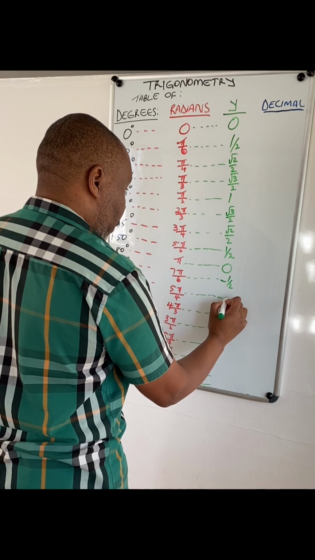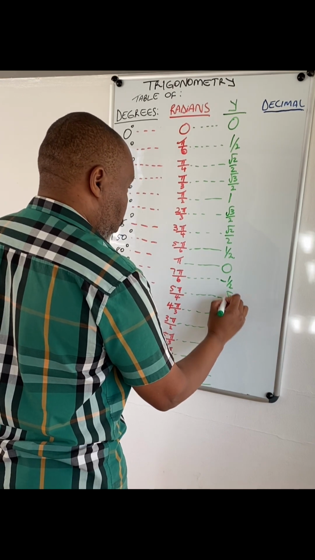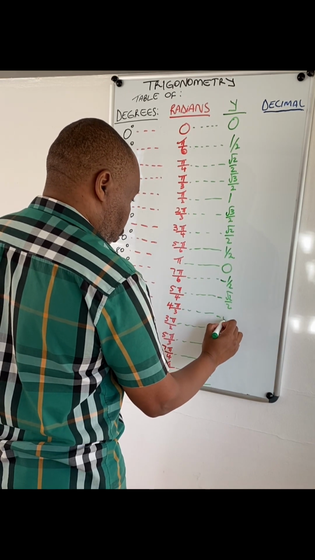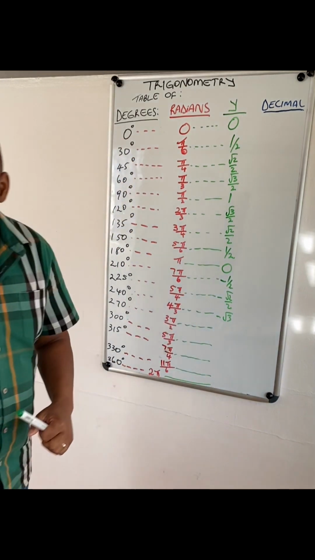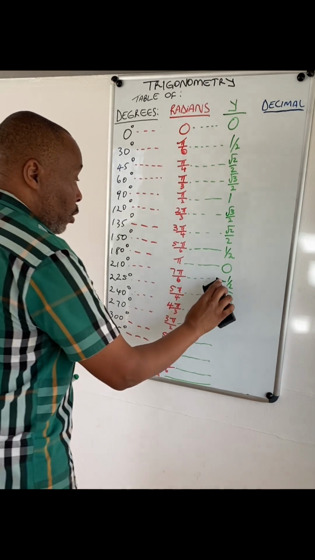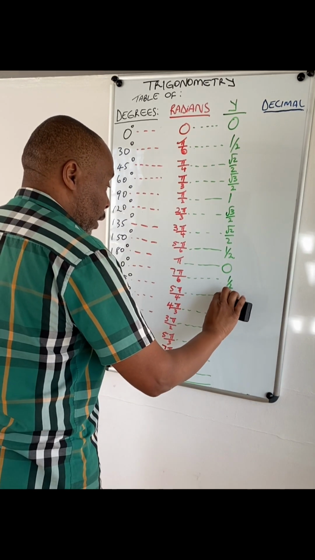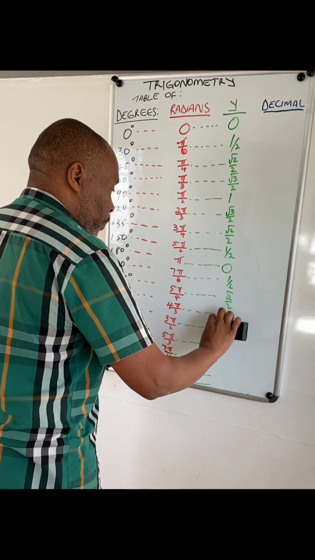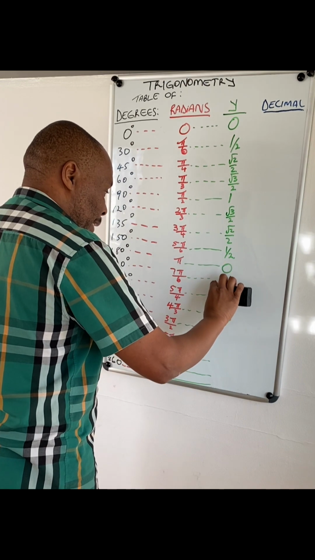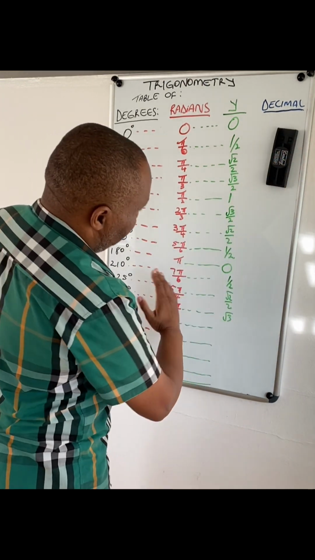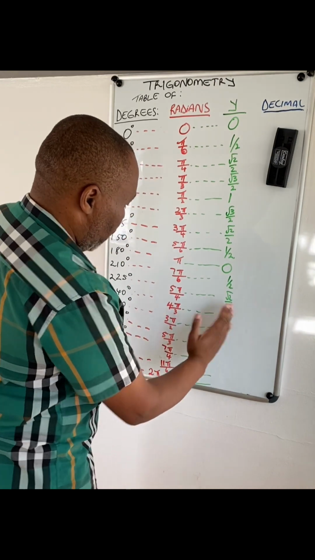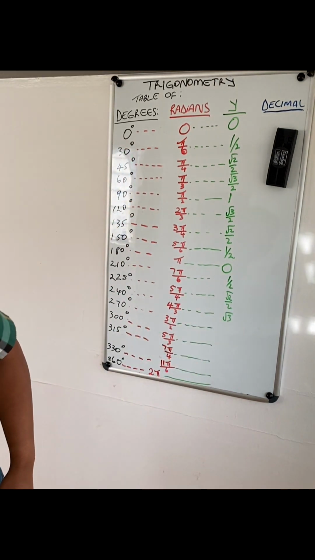Negative root 2 over 2, negative root 3. Oh, maybe let me change my negatives here to make them clear so that you see it's negative, because it looks like I'm still stretching my dotted lines, which I'm definitely not at this time. My line seems to be going that way, but I'll try my best to bring it here.